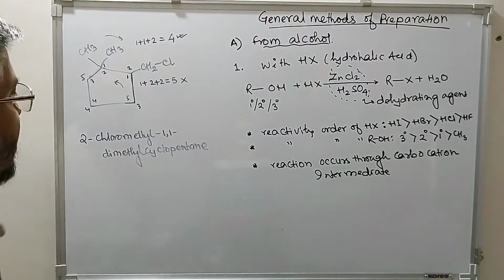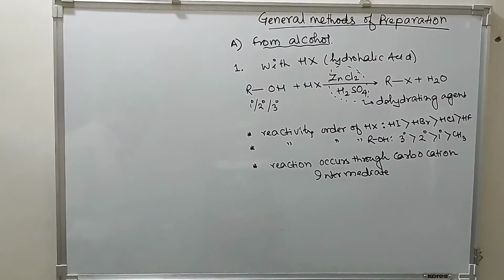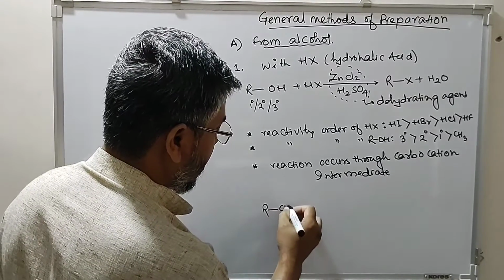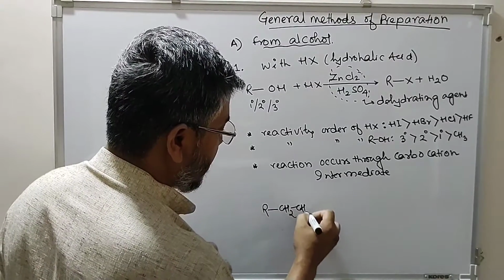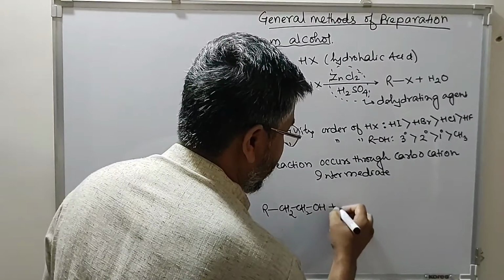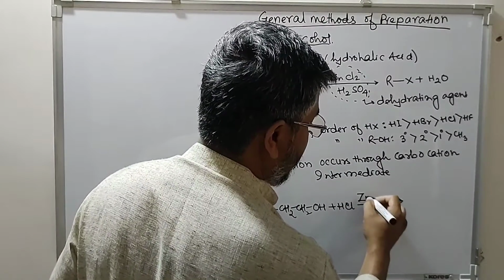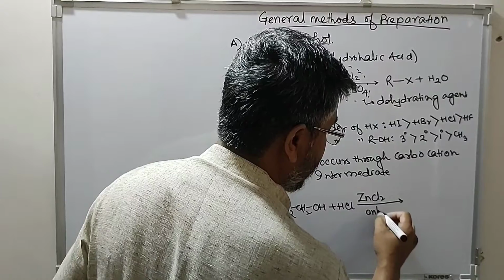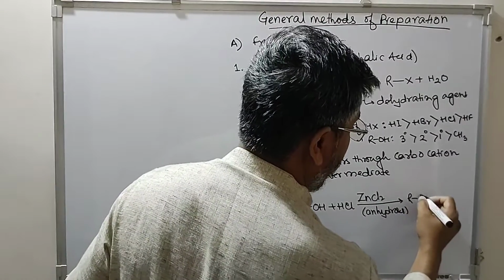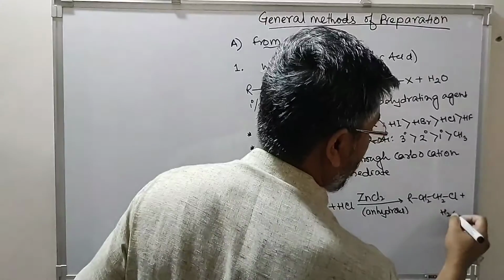Now let me give you some specific examples. Take RCH2CH2OH. This reacts with HCl, hydrochloric acid, in presence of anhydrous ZnCl2. This gives you RCH2CH2Cl plus H2O.